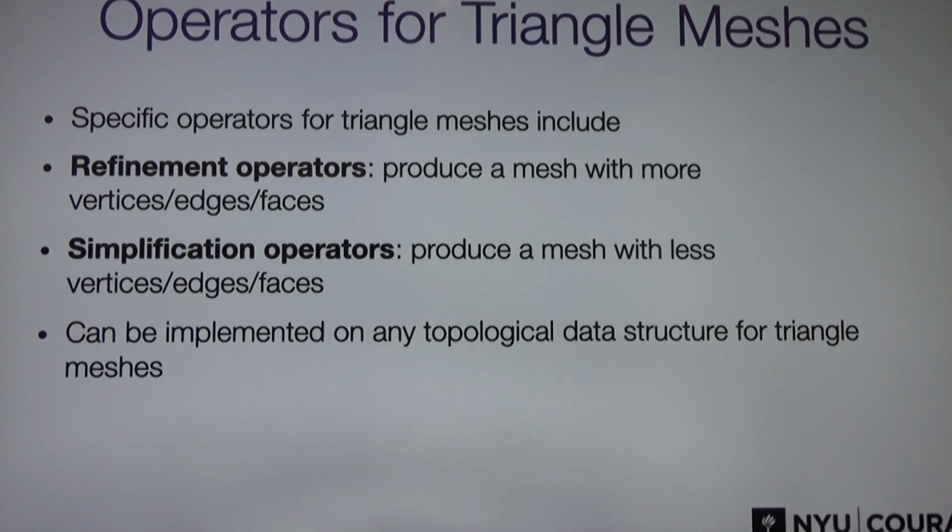You can have also, of course, the simplification operator that will produce a mesh with fewer vertices and more coarsely represent your surface. So, as you can imagine, refinement is creating more data, that is splitting some data around, and simplification is fusing some of the mesh parts together to get a coarser mesh.